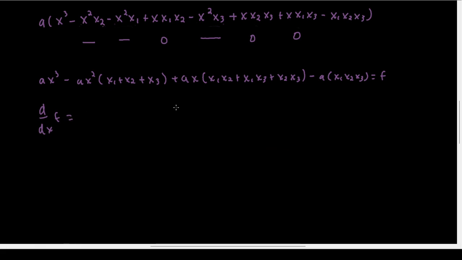And this is going to be pretty easy because this is just a polynomial, and we just have to do power rule. So this first term is going to turn into 3ax squared. The second term is going to turn into 2ax, and then we're still going to multiply on this constant.